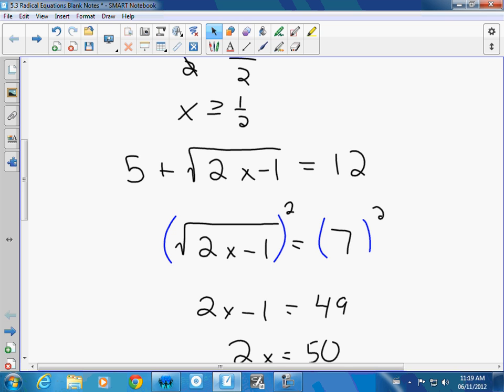Not just the x to start with, but the whole radical first. Didn't we try to do that? You try to isolate the radical by itself. Then, if you square it, does it get rid of the radical symbol? When we squared it, did it get rid of the radical symbol? Yeah? Okay. Keep that in mind for the next one.